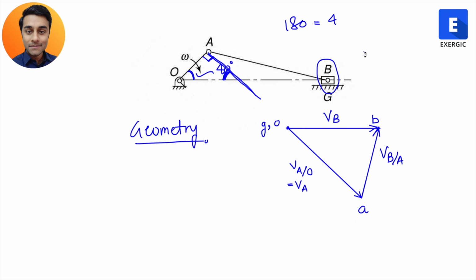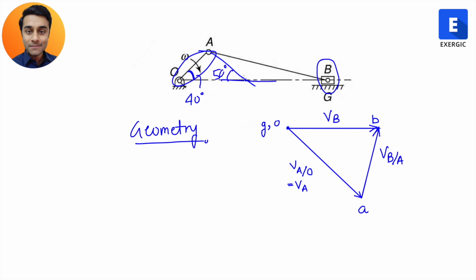So if this angle here is coming out to be 50 degrees, then obviously this angle will also be 50, and this angle is the same, 50 degrees, right? Basically, the line which is perpendicular to OA will make an angle of 50 degrees with the horizontal.